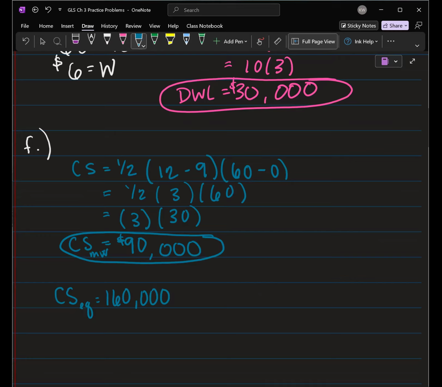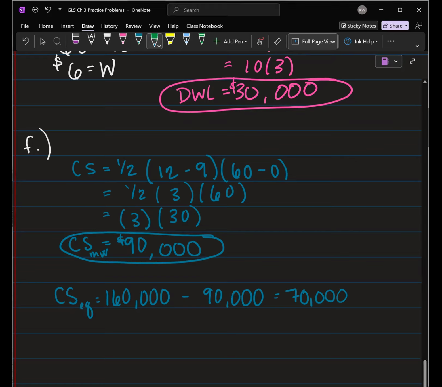So if we subtract that, then we get the amount of consumer surplus loss, which in total is going to be $70,000. Part of that is going to go to deadweight loss, and then some of that is being transferred to producers.